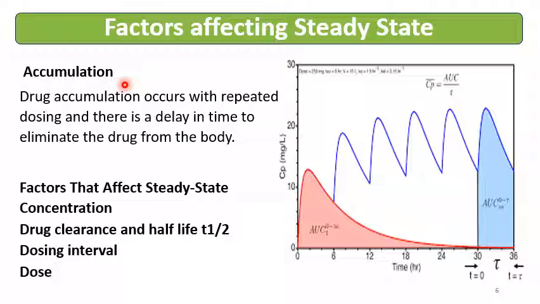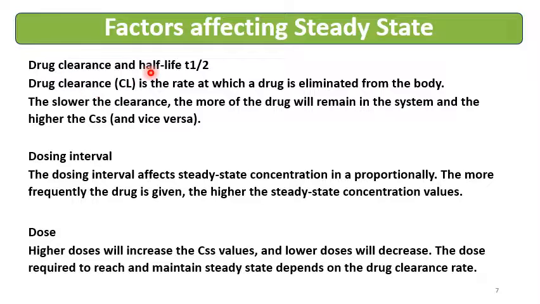Now we will see what the factors are which affect the steady state. These are the drug clearance and half-life, dosing interval, and the dose. The drug clearance and the half-life will certainly have an impact. Drug clearance, indicated by Cl, is the rate at which the drug is eliminated from the body.